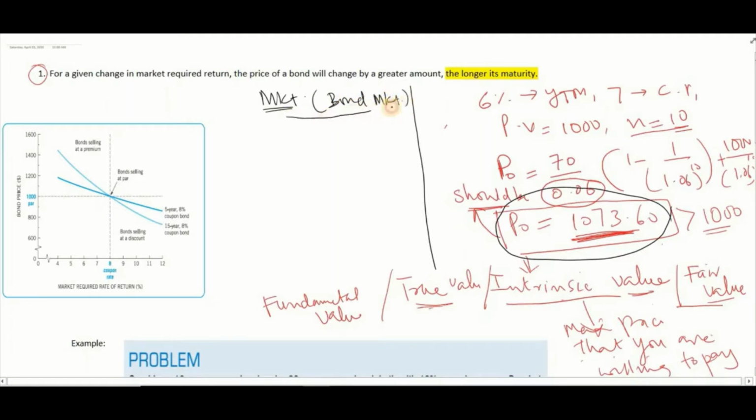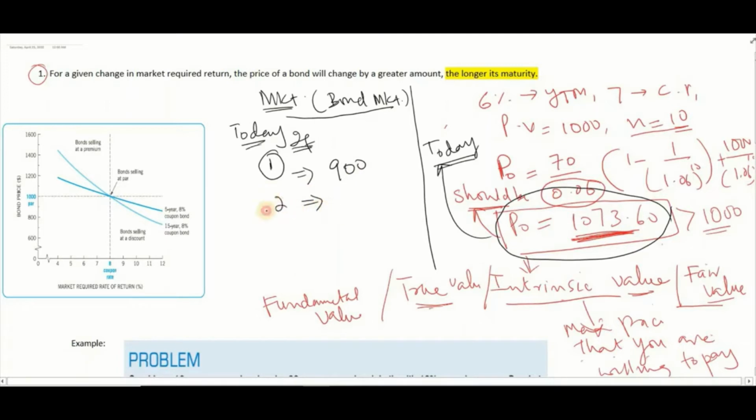Okay, in the bond market, what is happening? The same bond, let's say today, you have actually calculated this price. But the same bond, case number one, in the market is selling at 900.